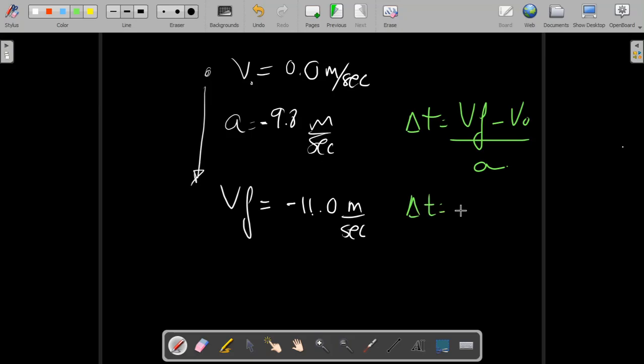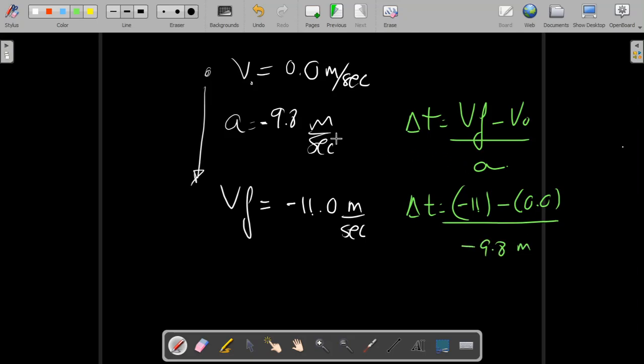So what is my final velocity? Is that minus 11 meters per second, minus my initial, so minus 0.0, divided by the acceleration for this object. Okay? Because we're trying to find the time it took to fall. So velocity final minus initial divided by the acceleration, minus 9.8.